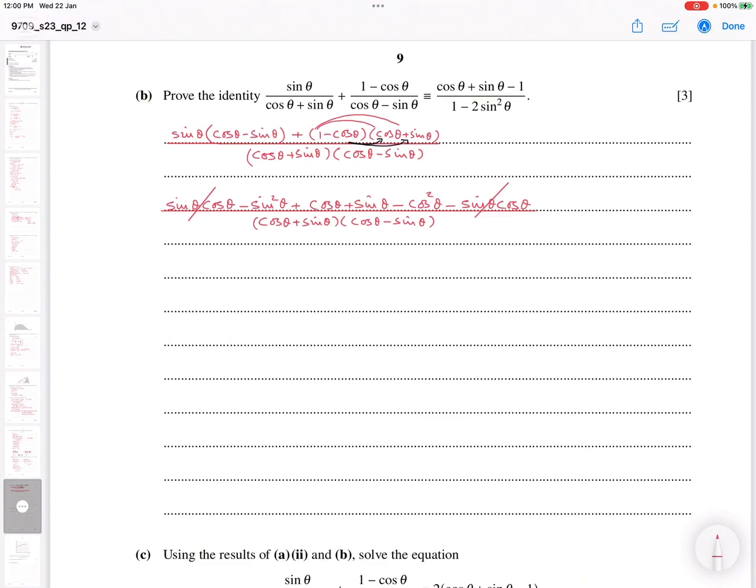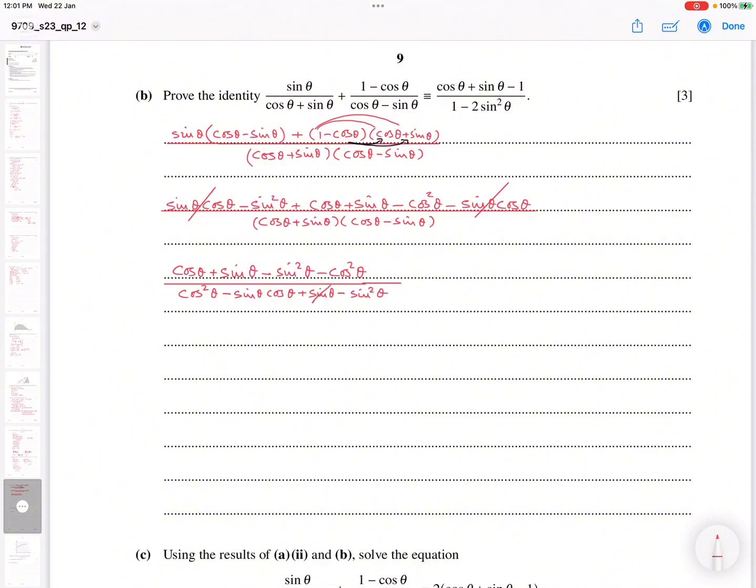Now we can write cos theta plus sin theta minus sin square theta minus cos square theta over, if I multiply the denominator with these two brackets, I get cos square theta minus sin theta cos theta plus sine theta minus sine square theta.